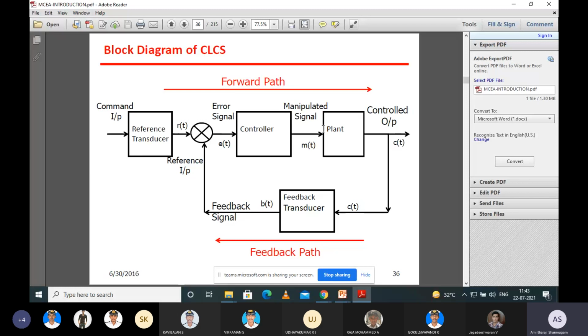If you have the possibility to change the input, automatically we move the controller to increase the speed by 200 RPM only. We can get accurate speed. Accurately, we can run our machine at 1200 RPM.